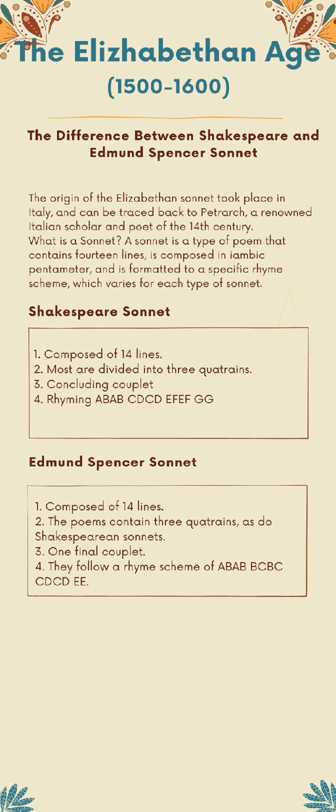In a Shakespeare sonnet, the rhyme scheme is A B A B, C D C D, E F E F, G G, and on the other hand, the Edmund Spenser sonnet rhyme scheme is A B A B, B C B C, C D C D, E E.